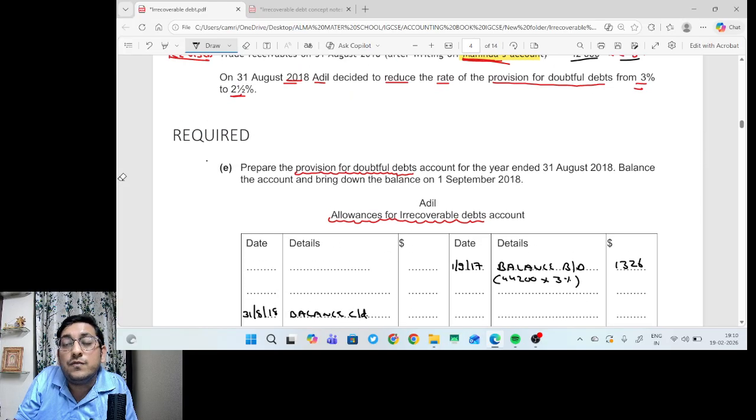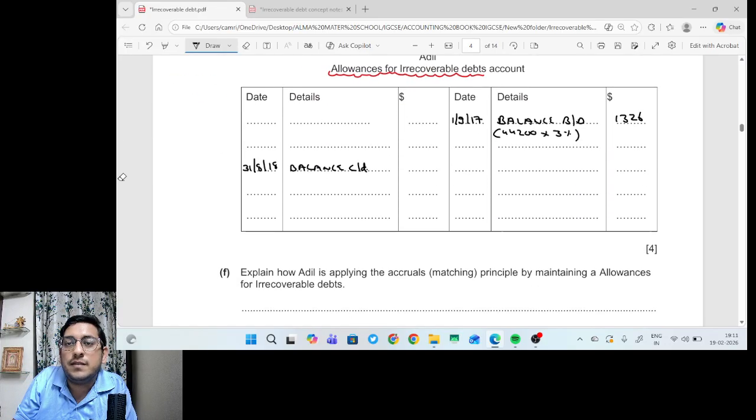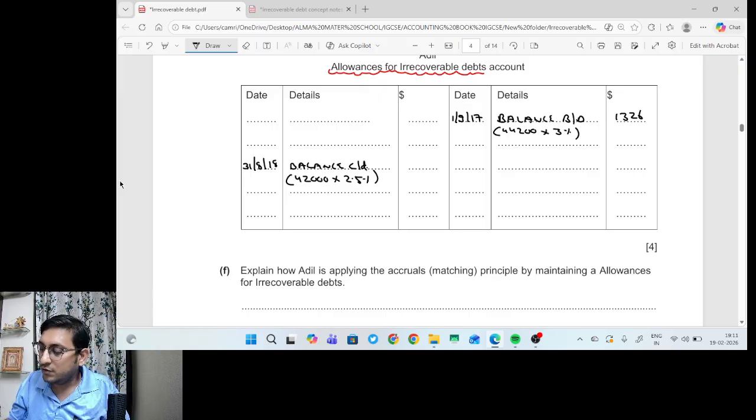And this is based on further irrecoverable debt after deducting further irrecoverable debt. But this adjustment has already been given. So 42,000 multiplied by 2.5%. So let us check how much: 42,000 multiplied by 2.5%, 1050.